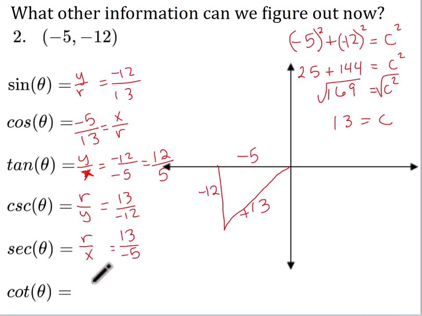They are both negative, and so this will be x over y, negative 5 over negative 12, which will also simplify to a positive on this one. So we're just writing lots of fractions and using what we know about these fractions to create our right triangle and then all of our different trig fractions, our trig ratios.